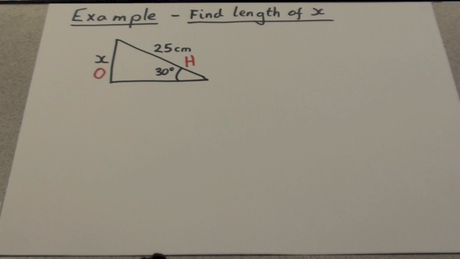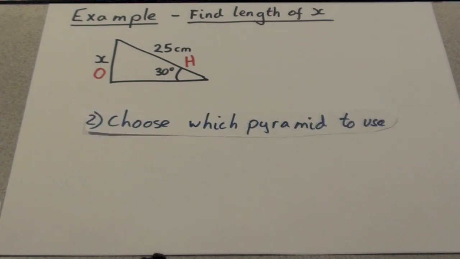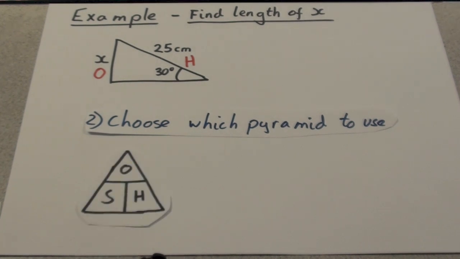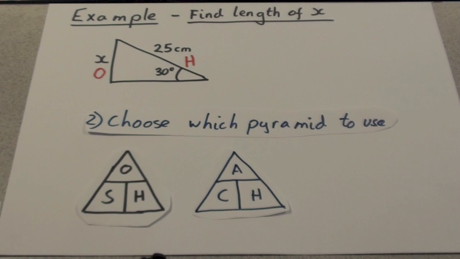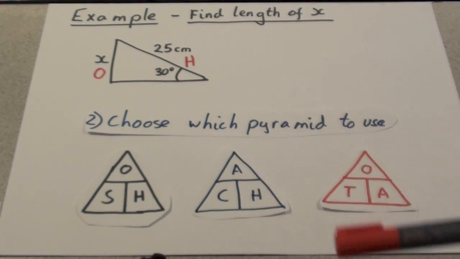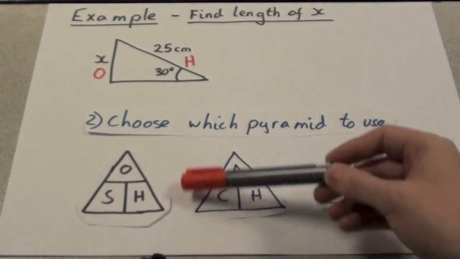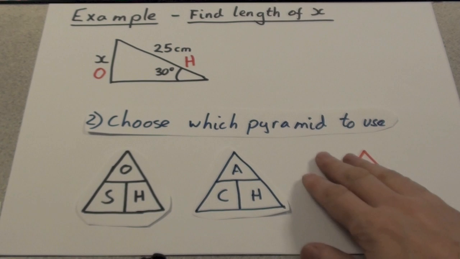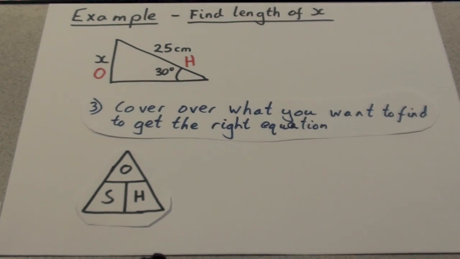Next, we're going to choose which pyramid to use. We have a choice of SOH, CAH, or TOA. Since only the sine pyramid has the opposite and the hypotenuse, that's the one we're going to be using today. So we get rid of the other two.